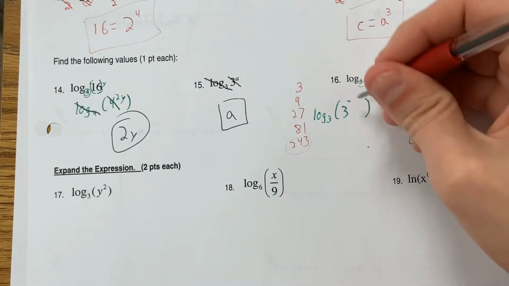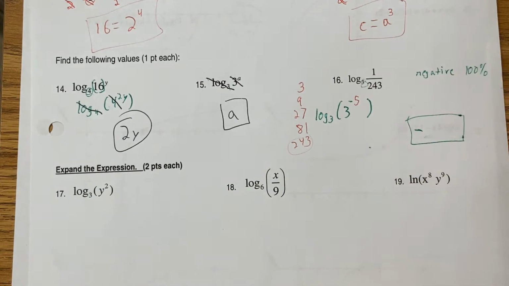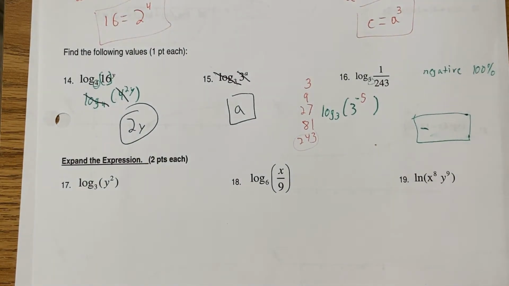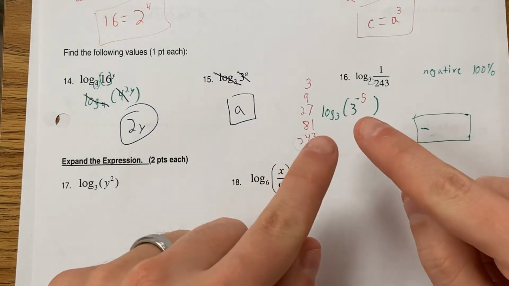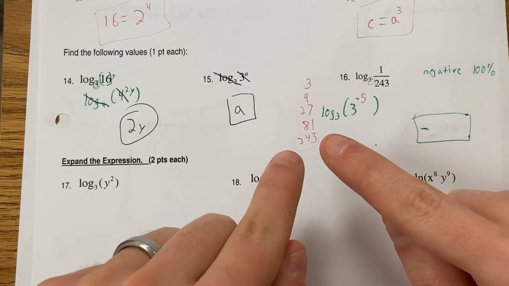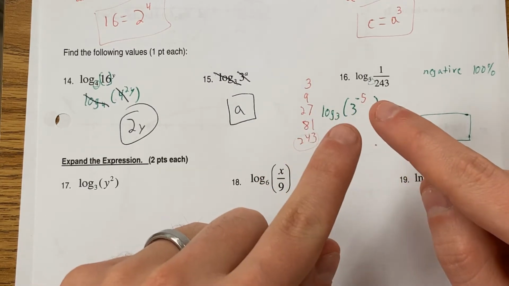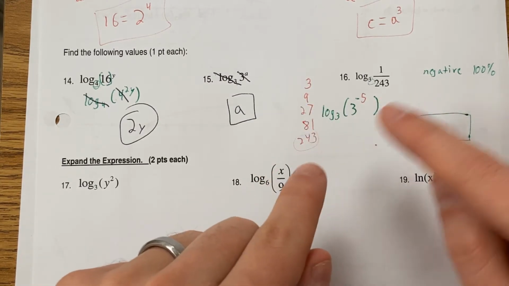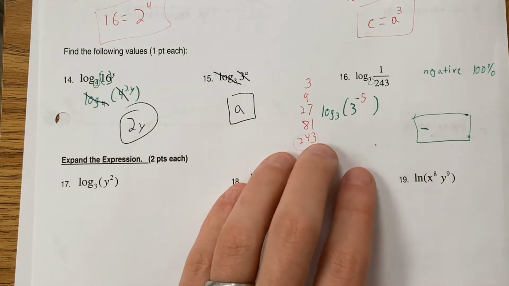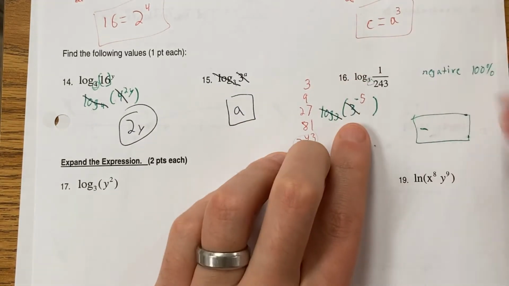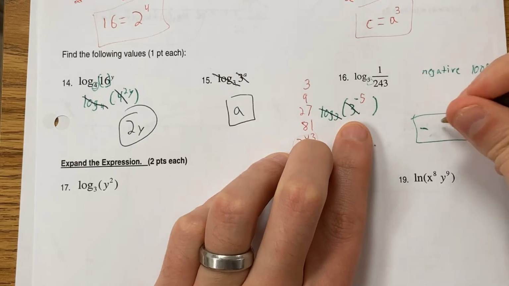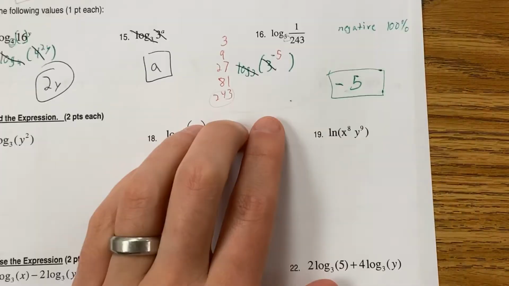So 3 to the 5th power is going to be that. So since 3 to the 5th power is 243, 3 to the negative 5th power is 1 over 243, which means finally these logs can cancel, and my answer is going to be negative 5. Boom.